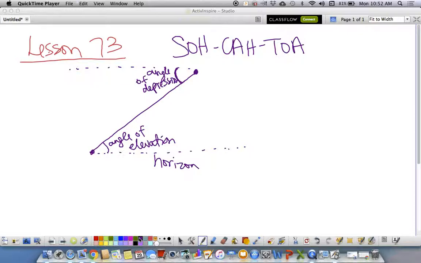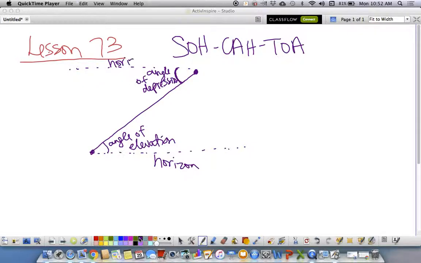Alright, so what you need to recognize is an angle of elevation, that's from this point looking up. Angle of depression, you've got your horizontal and you're looking down. You're at the floor, you're on a plane, somewhere, you're looking down.